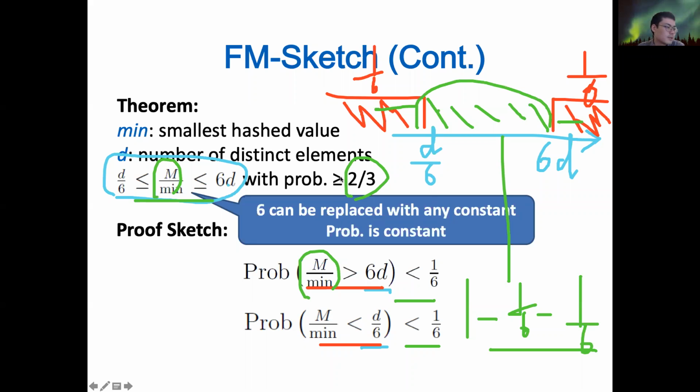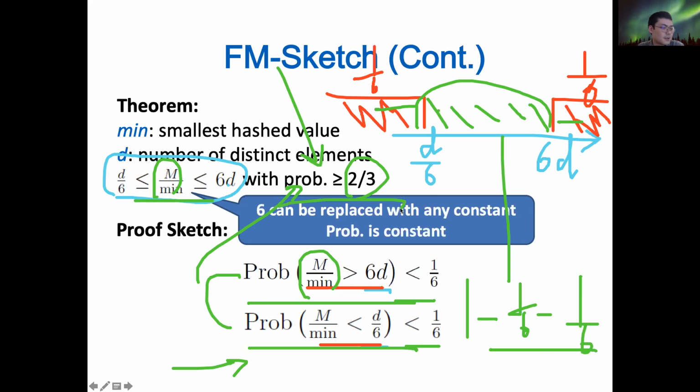So if we can prove these two, then we can also prove this. This is why we just prove these two. This is actually stricter. There are also other cases that can make this hold, but if you can prove this, this definitely will make this hold.